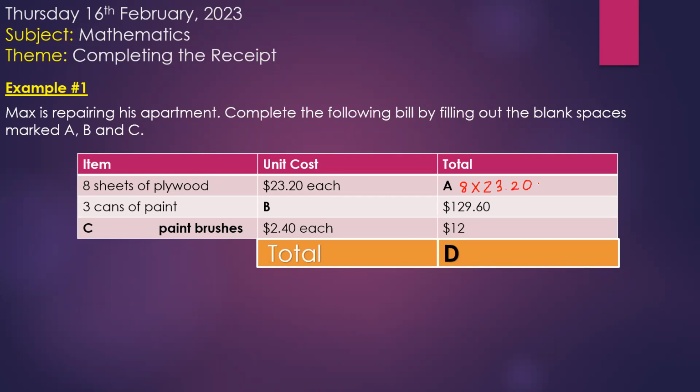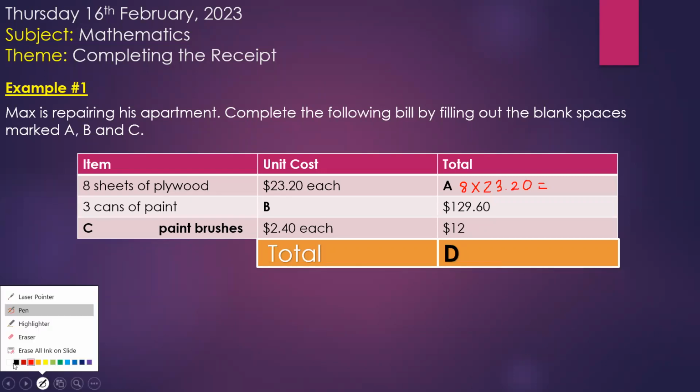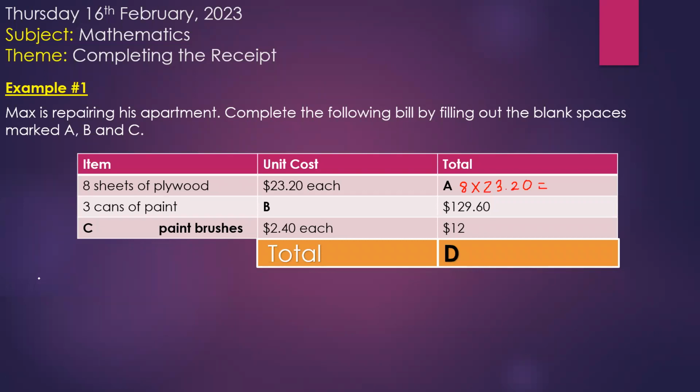It's going to be equal to, let's actually do the calculation. Let's do it by hand. It shouldn't be hard. So we have $23.20.